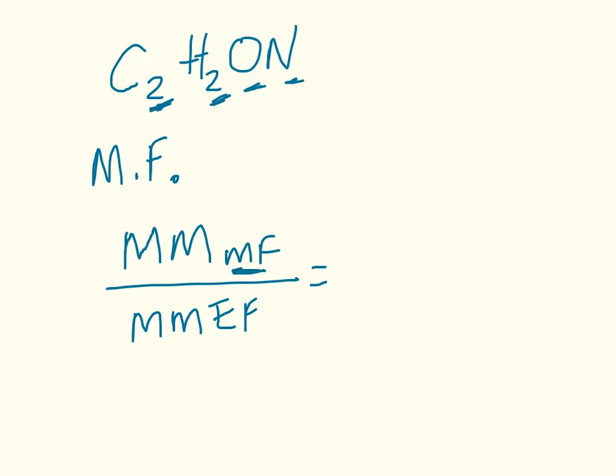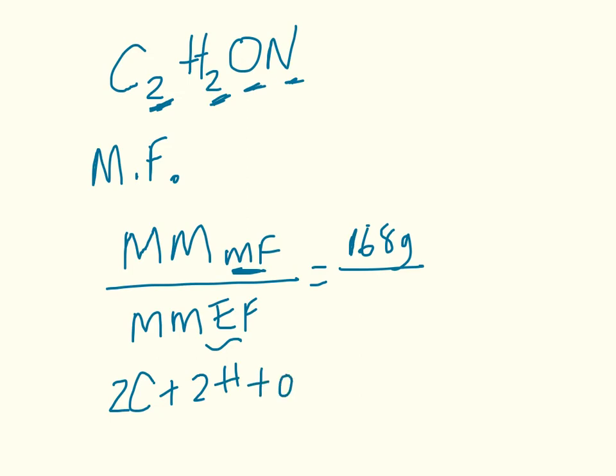The molar mass of the molecular formula is given in the problem. It actually says 165 to 170. I'm just going to choose 168. So the bigger number always goes on top of this problem. And then the empirical formula, you add up 2 C's, 2 H's, 1 O, and 1 N, and you'll get about 56 grams. This is probably the only time in chemistry where you can round up numbers nicely.